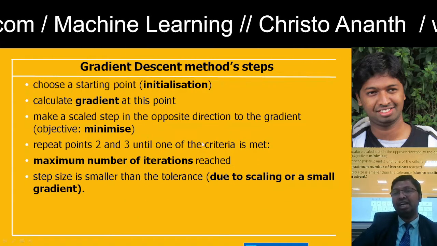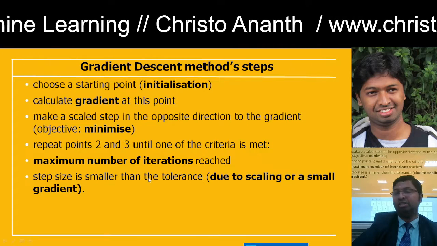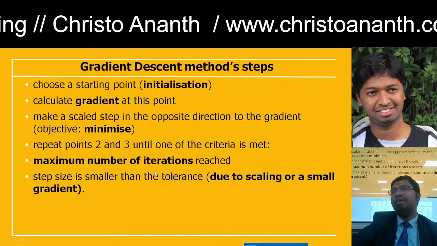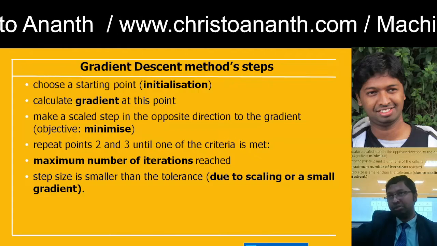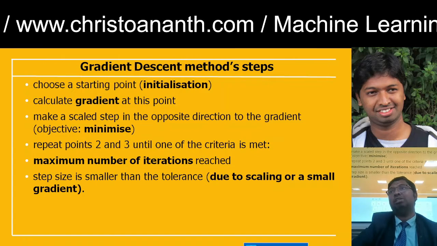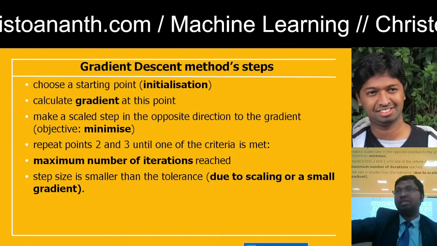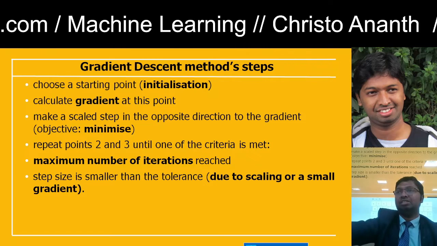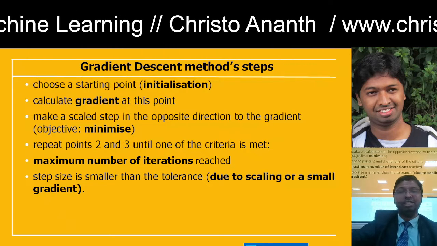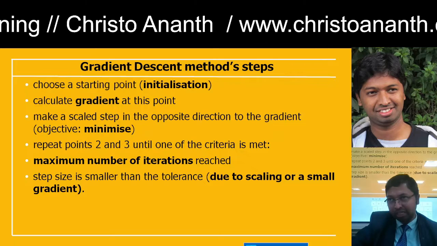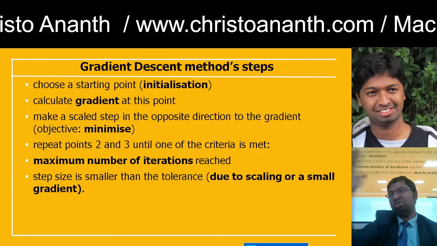You repeat until one of the criteria is met. For example, you meet the maximum number of iterations, or the step size is smaller than the tolerance, or the gradient becomes small enough, then you stop the method.